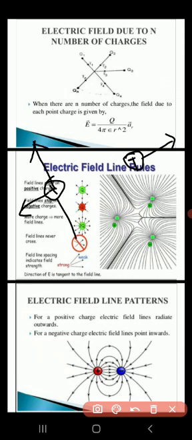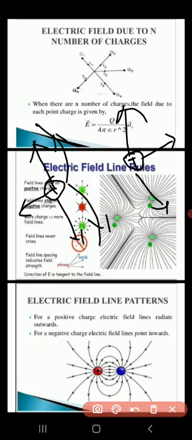See the diagram carefully. Between these two charges, one point is obtained where electric field lines are not passing, and this point is considered a neutral point.